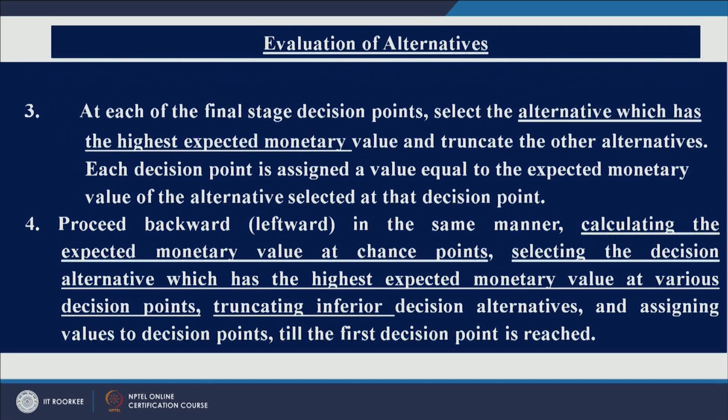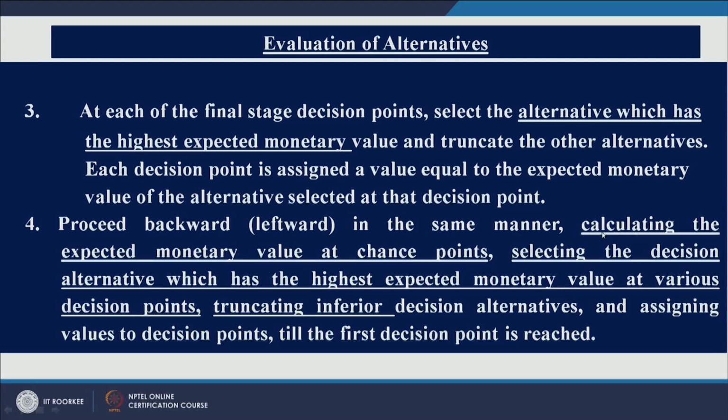Similarly, you keep on moving from the right side to the left side and keep on evaluating different alternatives at different nodes, and finally towards the left you will have only one decision to be made, whether, let us say, to start a particular project or not, or which alternative you should select at the end of the day. So, you should continue this process.